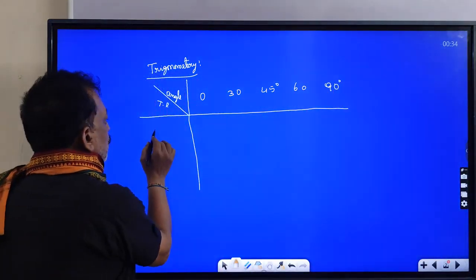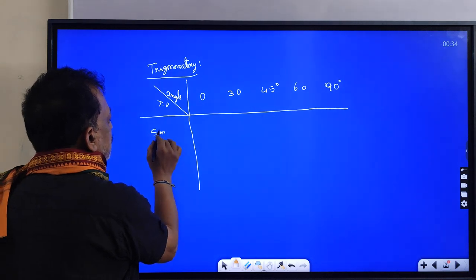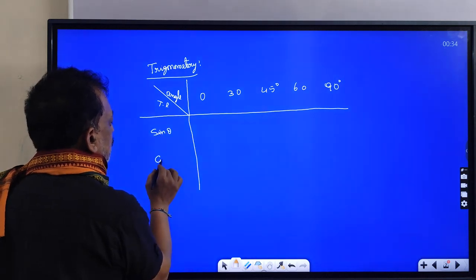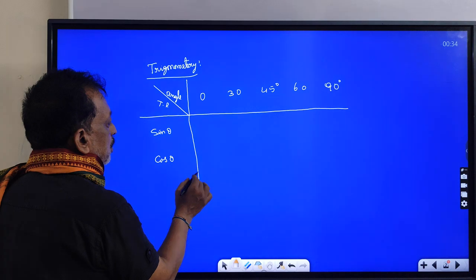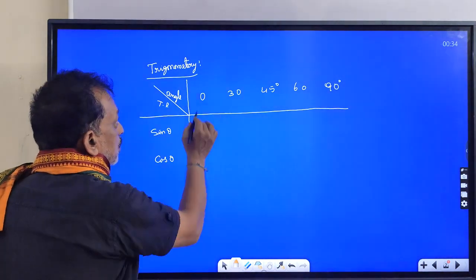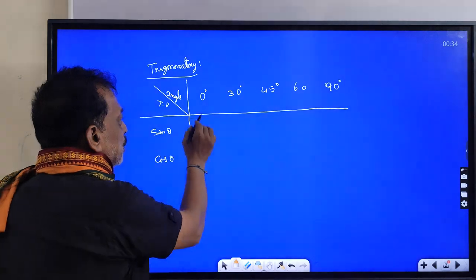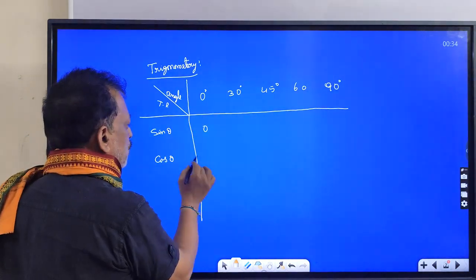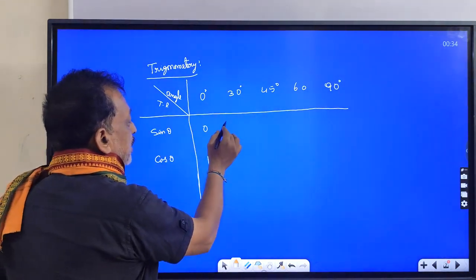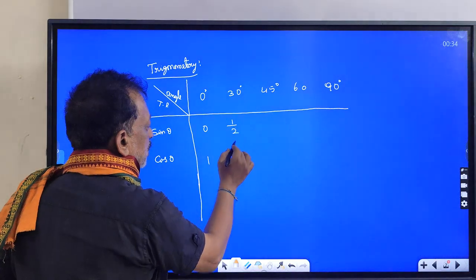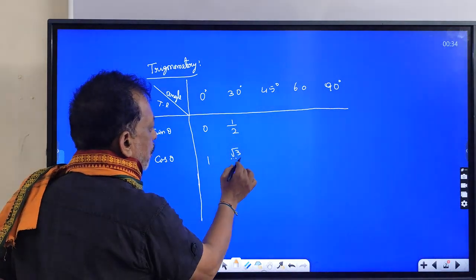Now sin theta, cos theta. Sin 0 is equal to 0, cos 0 is equal to 1, all of you know. Sin 30 is 1 by 2, cos 30 is root 3 by 2.